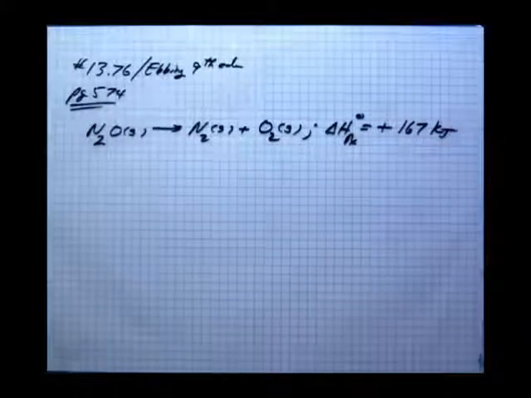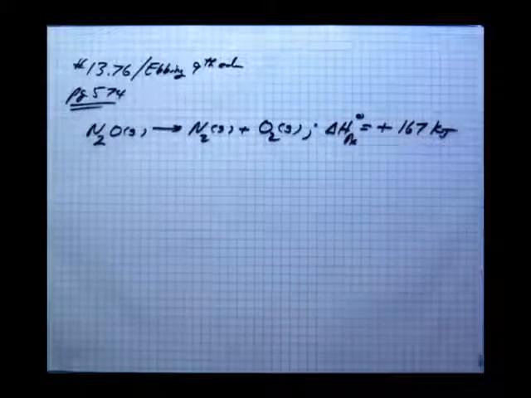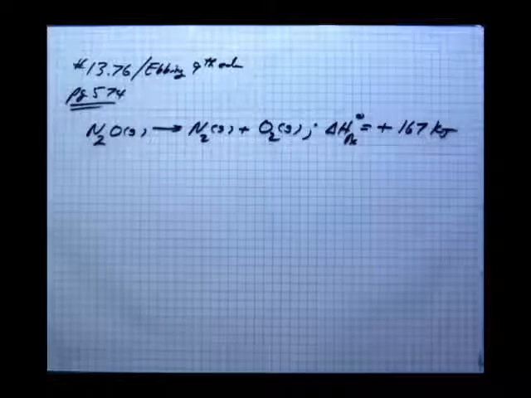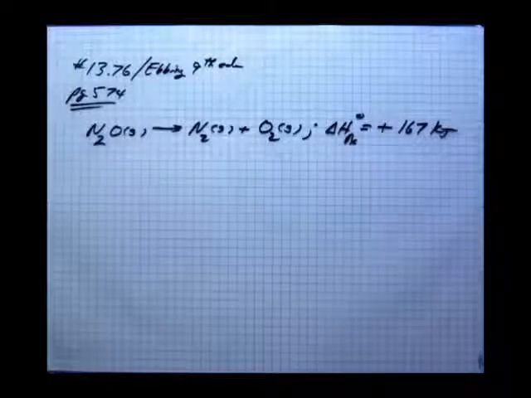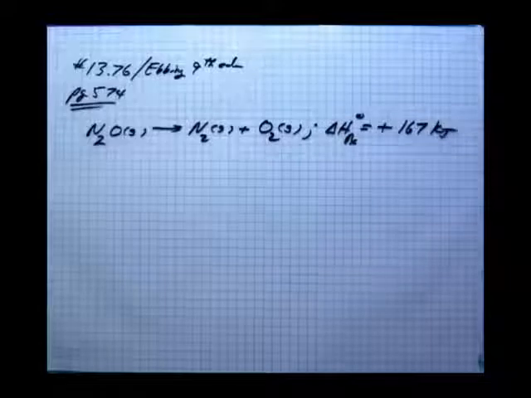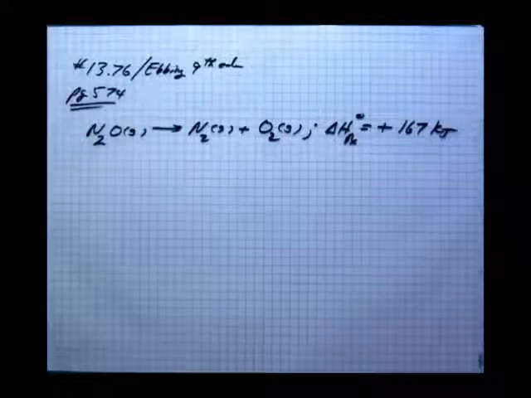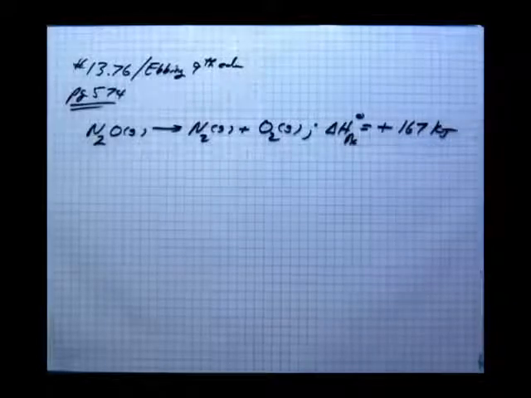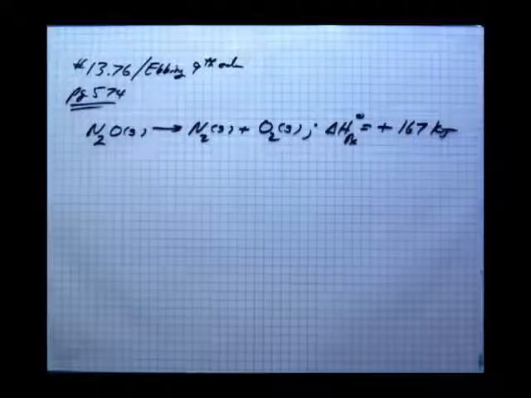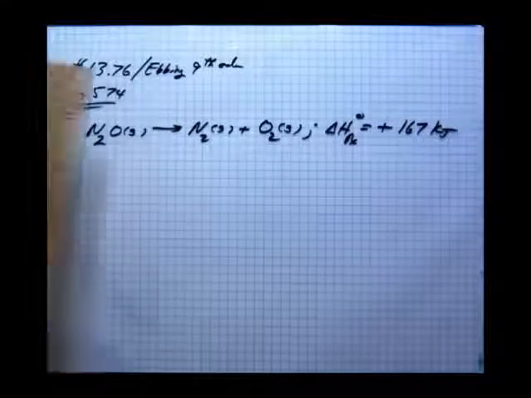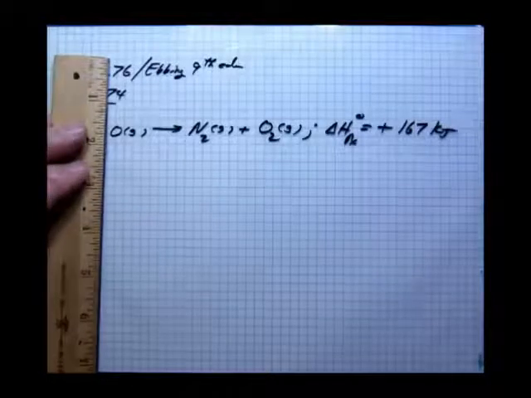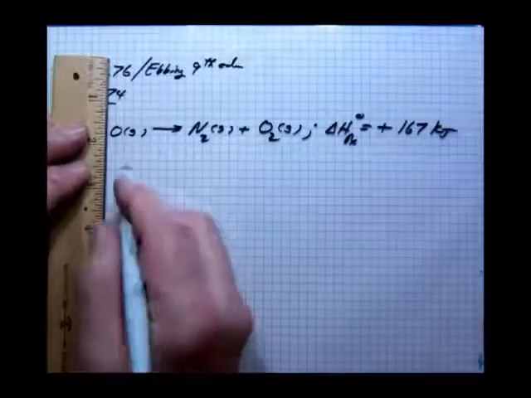Typically the endothermic reactions will not include a sign. It'll just be blank right there. And if you see it as a blank with no positive or negative, your assumption is an endothermic reaction. So that immediately tells you that you have to draw an endothermic reaction diagram, and that would put the products at a potential energy above the reactants.